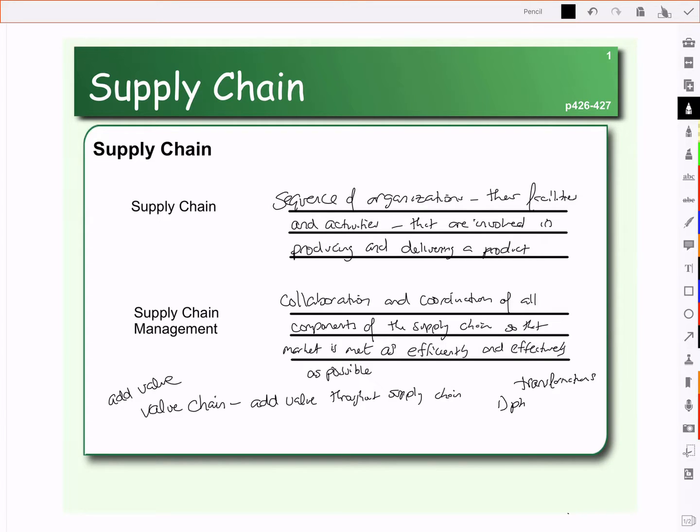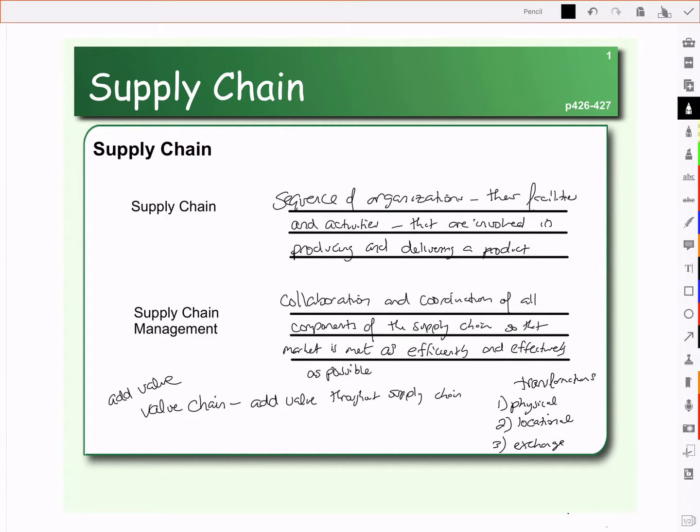So there's a physical transformation. Some of the companies in your supply chain might make the product. So physical is that manufacturing. Parts of your supply chain might help move the product from one location to another, so locational. Parts of your supply chain, especially your retailers, are going to have an exchange transformation.